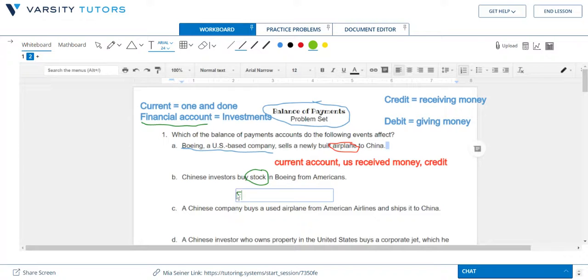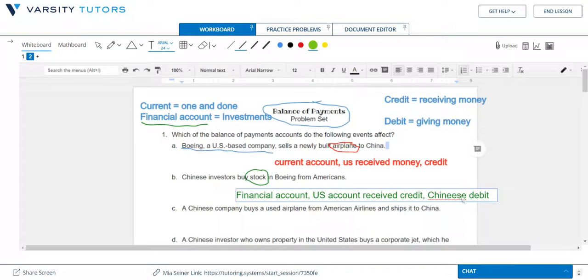No matter what, we know it's a financial account, and the US account received money because the stock was bought. So the US account received a credit. The Chinese account was debited.